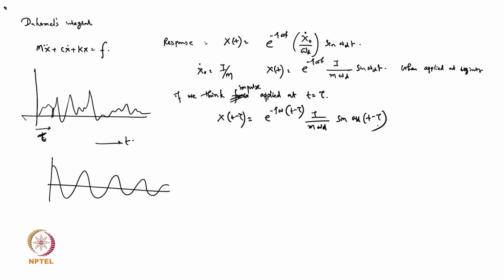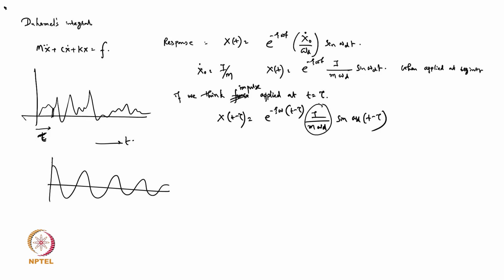It's not just a sine function of t, it is of t minus tau. That means we are shifting the axis, not starting from 0, and we have this term acting like a magnitude, and e to the power of minus xi omega t minus tau is an exponentially decaying function. So there are three components of it. Make sense? Anybody has any doubt?